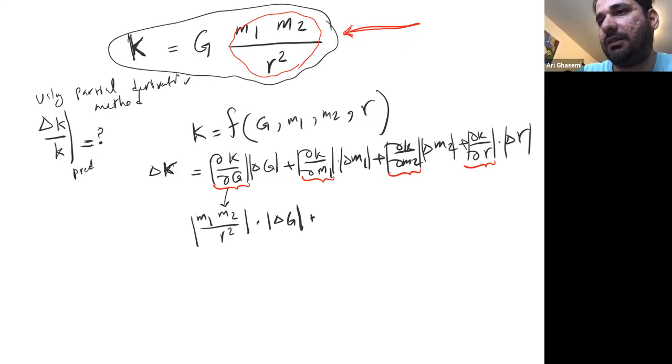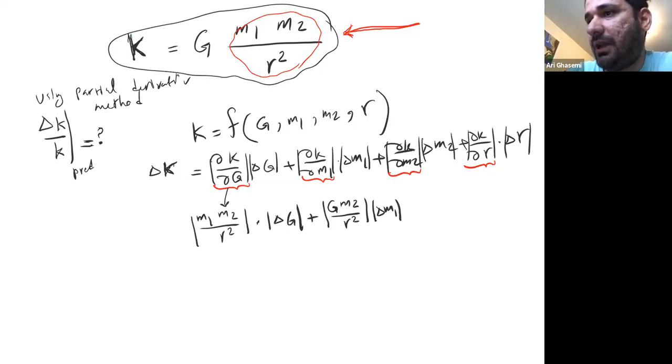Plus the second term, partial K partial M1. Now you realize immediately that's going to be G M2 over R squared, because your only variable is M1, G M2 over R squared, inside absolute value, delta M1.